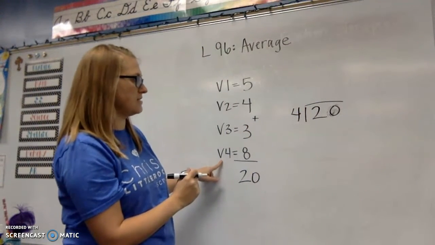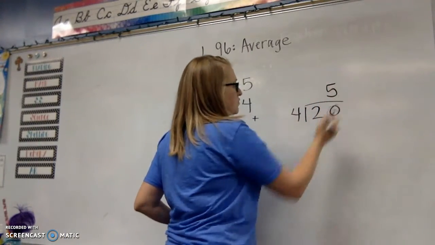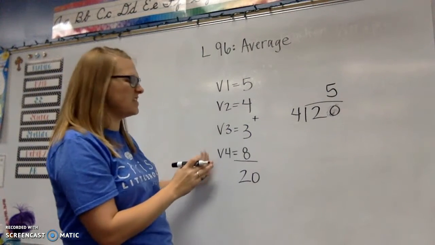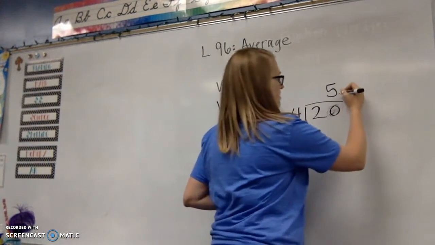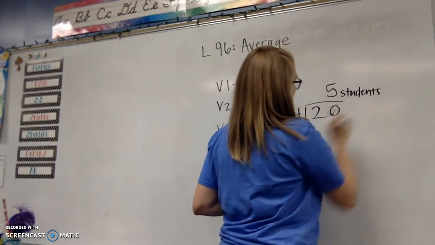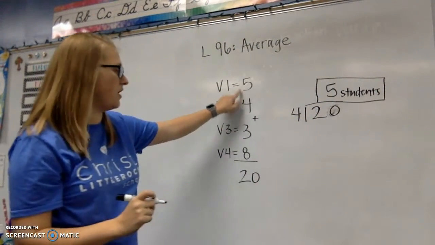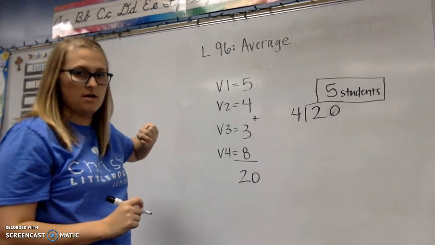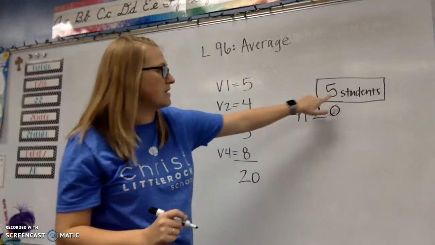We know that 5 times 4 is 20, so my average, which means if all of the vans were exactly the same, my average would be 5 students in each van. Okay? So this would be my answer. This would be my average. I added up all of them, and I divided by the number of vans that there were.